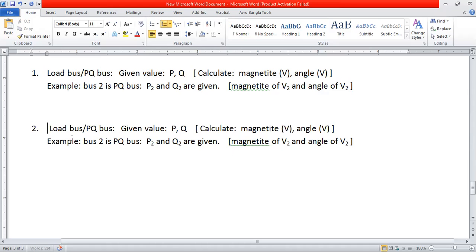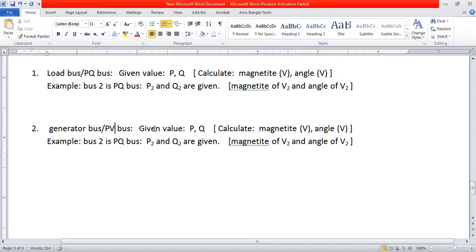Now, if this is a generator bus, so this is a second type of bus. If this is a generator bus, then that should be a PV bus.